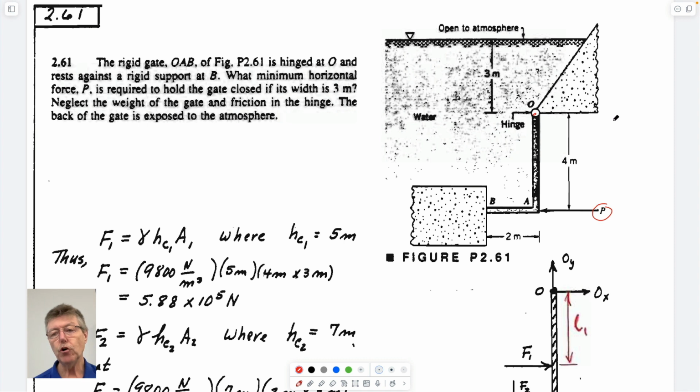If we would draw the pressure that's acting on this gate, I'll draw it to a side here. There'll be a pressure here that's acting at this point, which would be equal to this height of water. It would increase with depth along here, and so it would look like this.